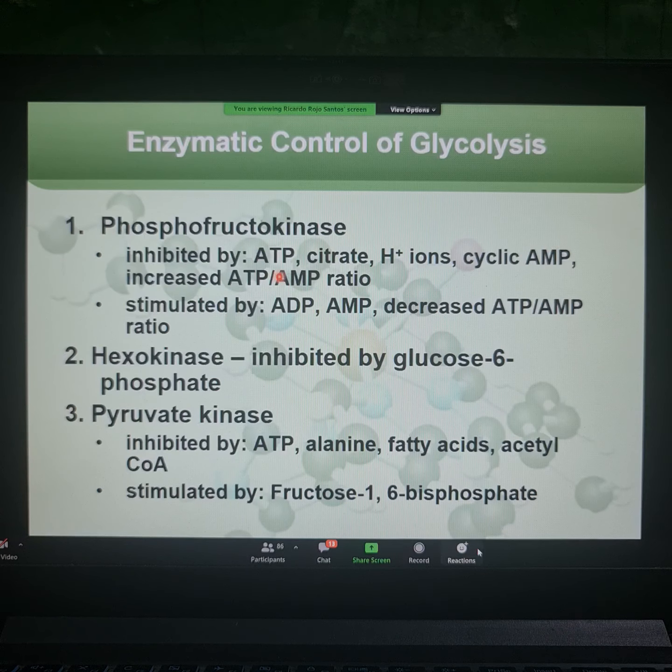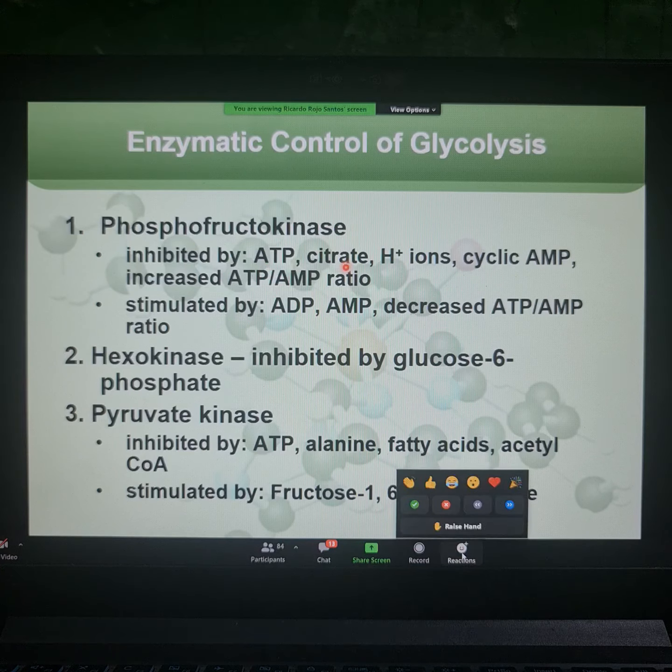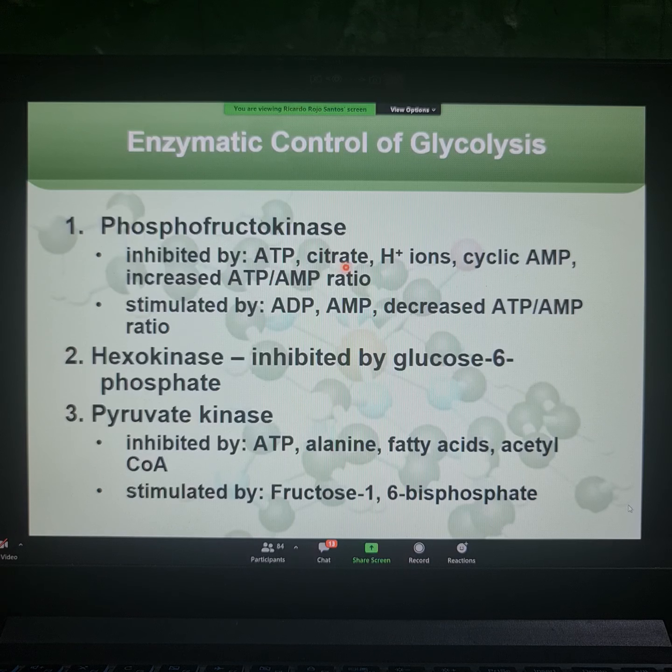When you have high levels of ATP, you have high levels of citrate, which is the first intermediate product in the first reaction of the Krebs cycle, when you have plenty of hydrogen ions from NADH plus H, and an increased ATP/AMP ratio, that means you have high ATP, low AMP.